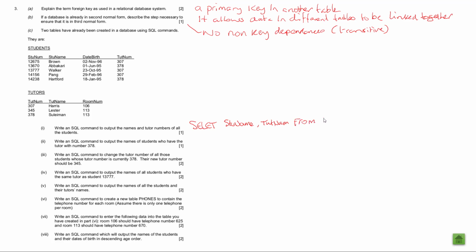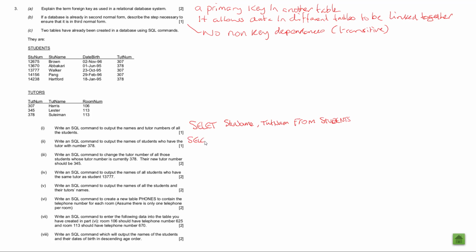You could just get it from one table. No, it's capital, students, right? Write an SQL command to output the names of the students who have the tutor with the number 378.